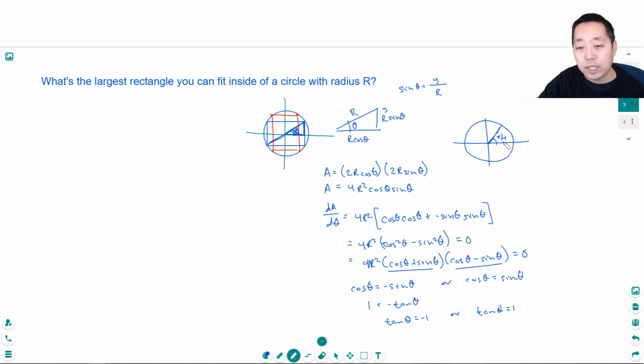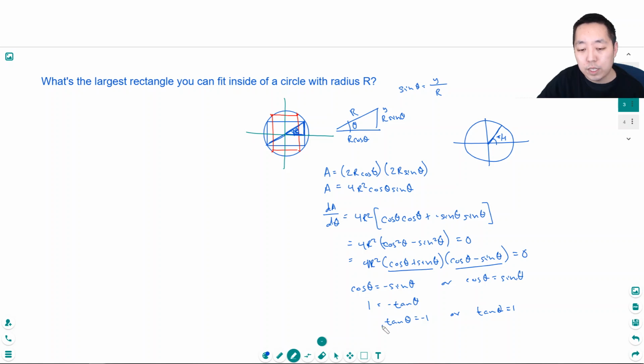That's when the y and x values are equal. Tangent is opposite over adjacent, which is 1, so tangent of pi over 4 is 1. I should restrict theta to between 0 and 90 degrees, because once I go to this side, I'm still making the same rectangle, just in a weird way.